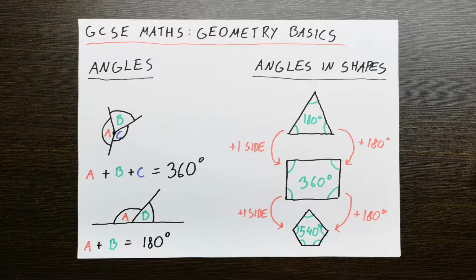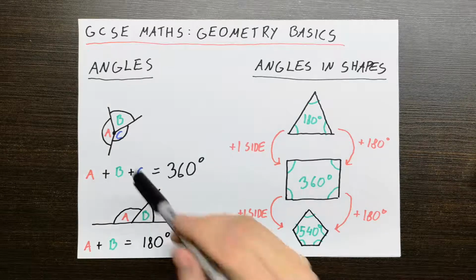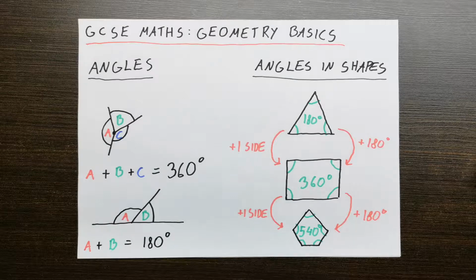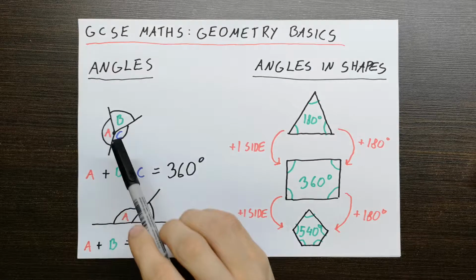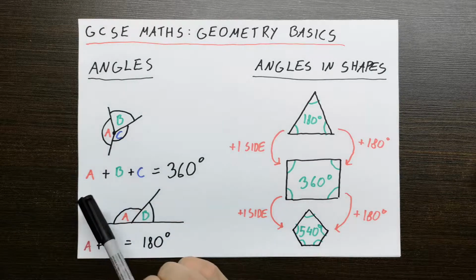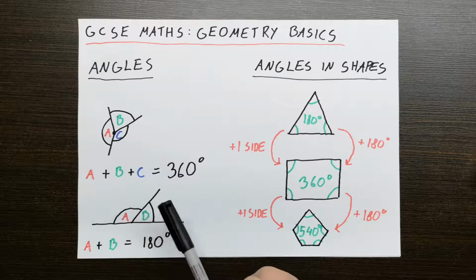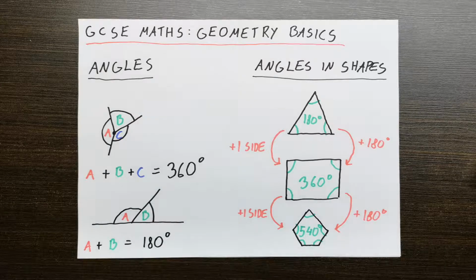The full circle is 360 degrees, so when we add all of the angles at a point, they will add up to 360 degrees. For example, here we have a point, angle A, B and C. So angle A plus B plus C is equal to 360 degrees every time, guys.